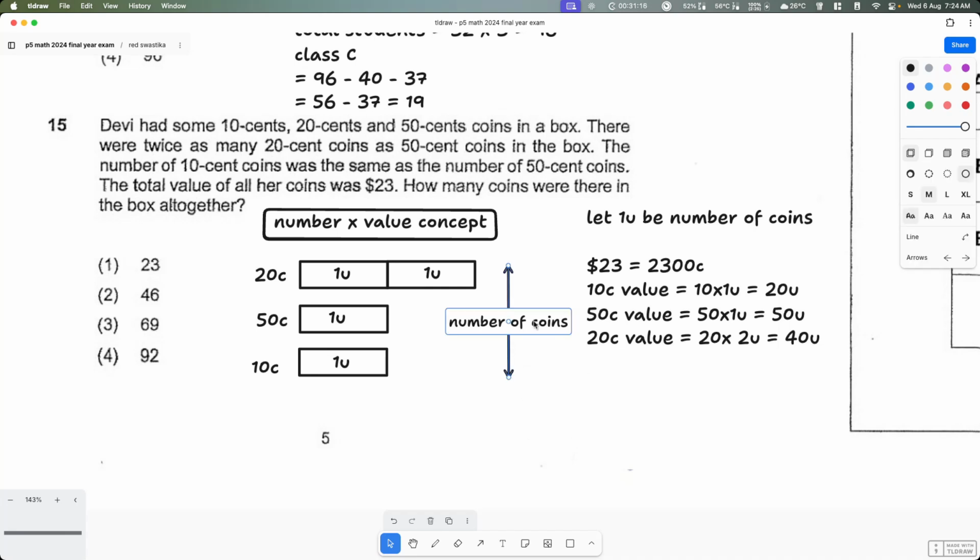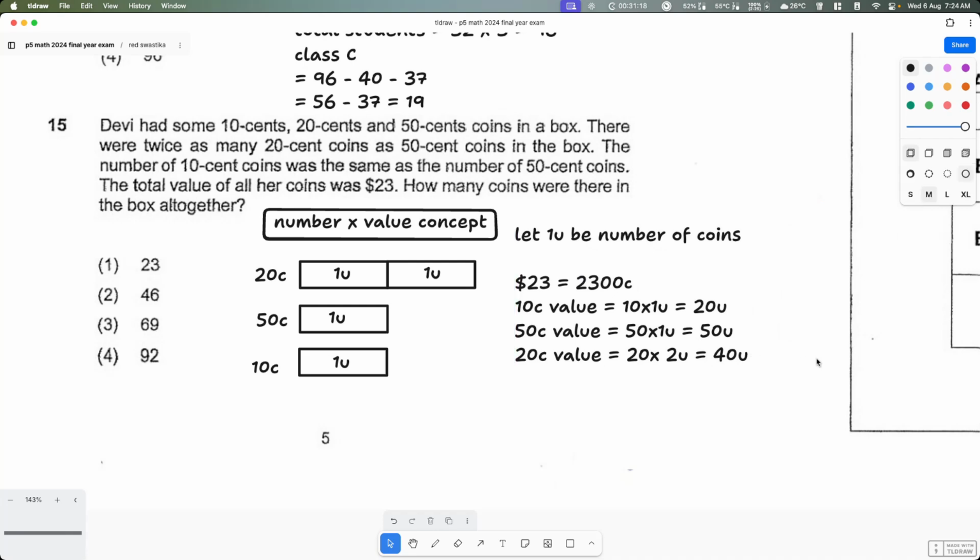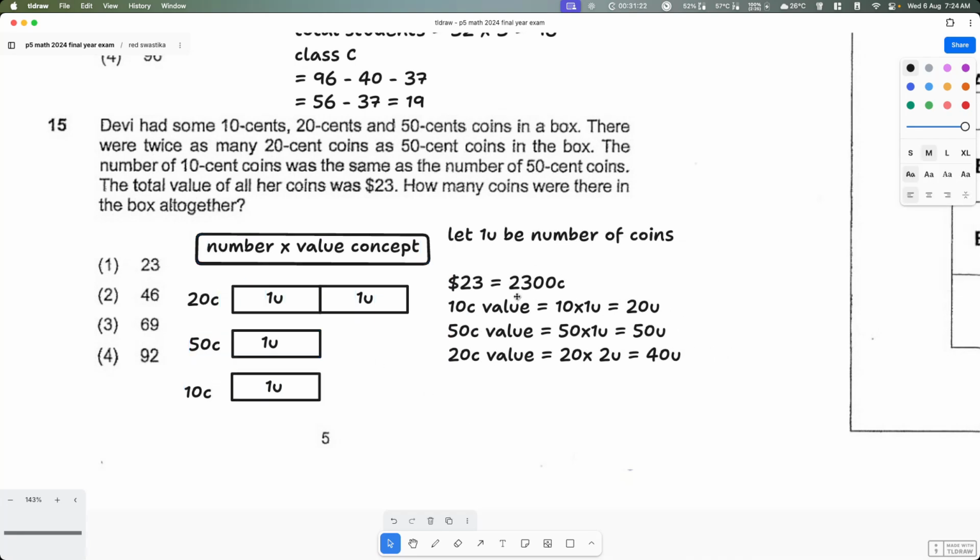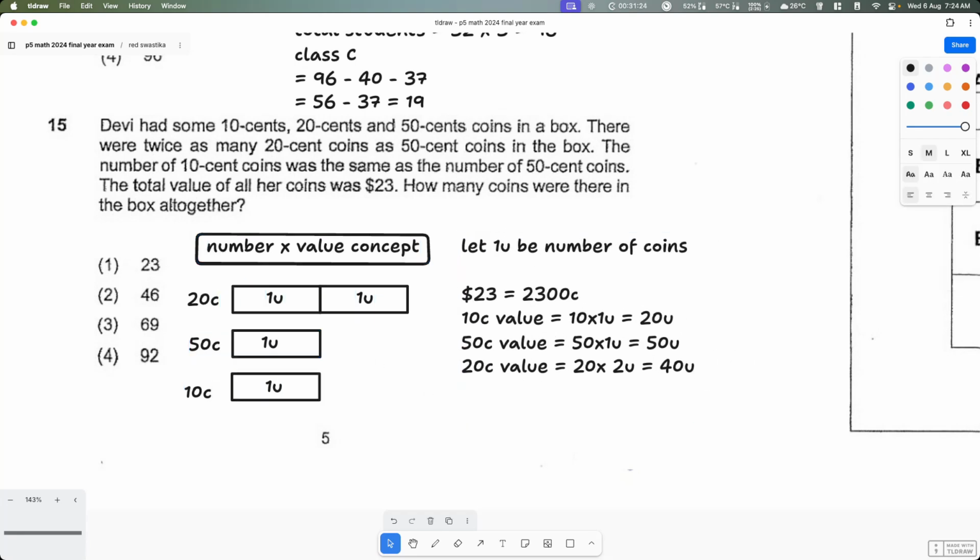Let me delete this and make this smaller over here. So we will say 2300 is equal to 10u plus 50u plus 40u.